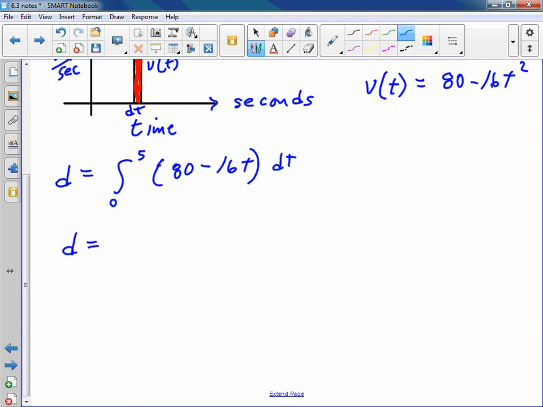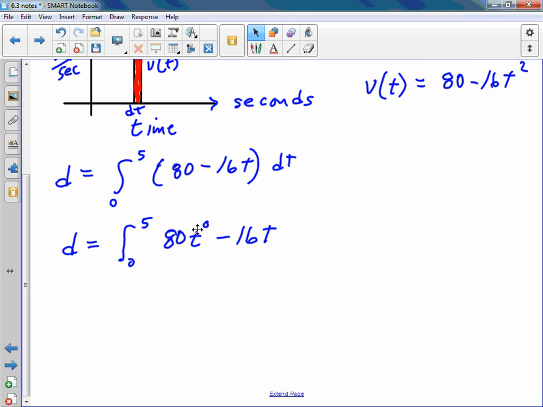Now let's think of this just a little bit differently. Let's think of this as the integral from 0 to 5 of 80 t to the 0 minus 16 t to the first dt.